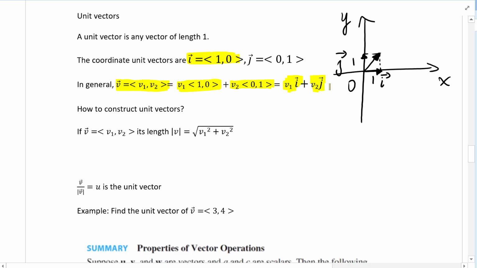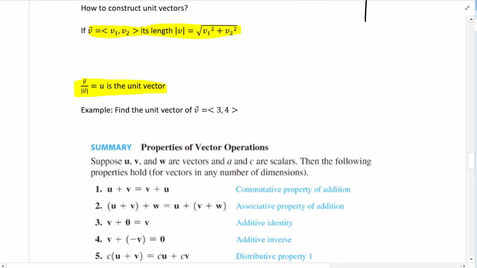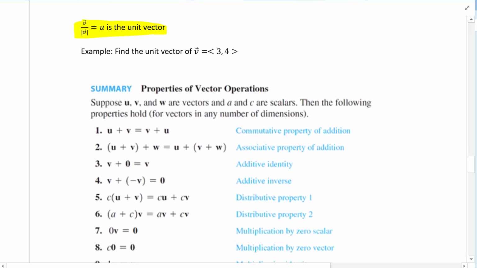So how do we construct unit vectors? If v is written as v1, v2, its length is the square root of v1 squared plus v2 squared. So the unit vector is v divided by the magnitude of v. That is a unit vector. For example, find the unit vector of v equal to 3, 4. So basically v is 1, 2, 3 and 1, 2, 3, 4.